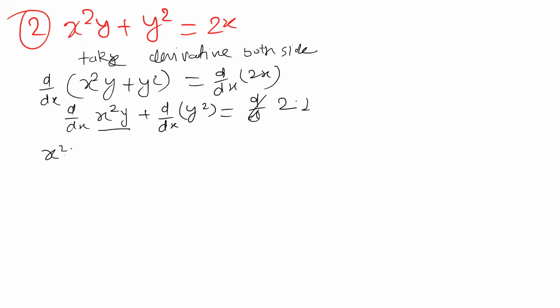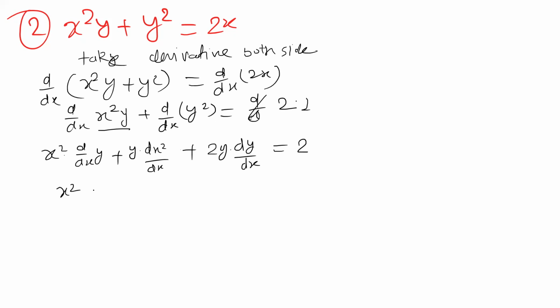So first function into derivative of second plus second function y into derivative of first function. Okay, plus here we apply the chain rule. So 2 into y into dy by dx. Okay, equal to 2.